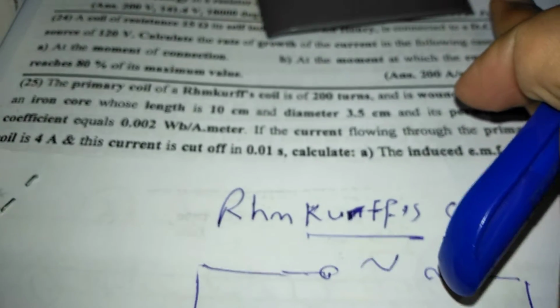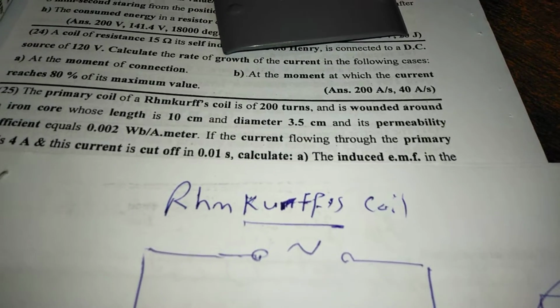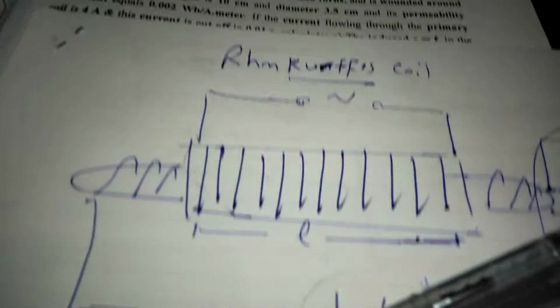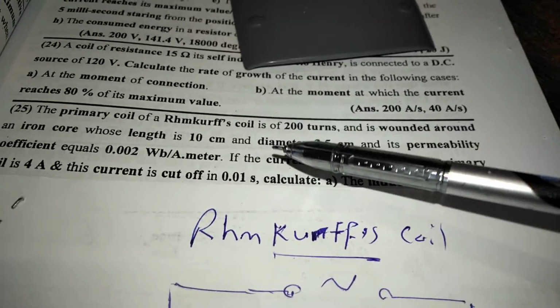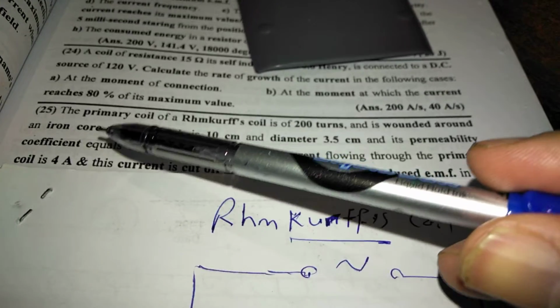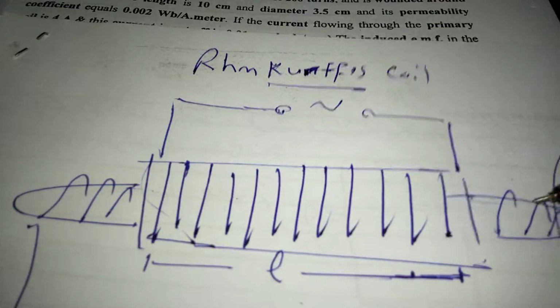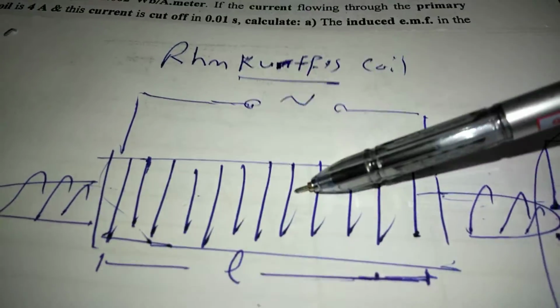The primary coil of the Ruhmkorff coil has 200 turns, so N1 equals 200, and it is wound around an iron core. The iron core is common between the primary and the secondary.